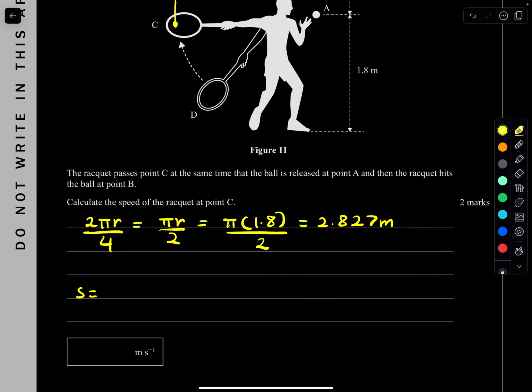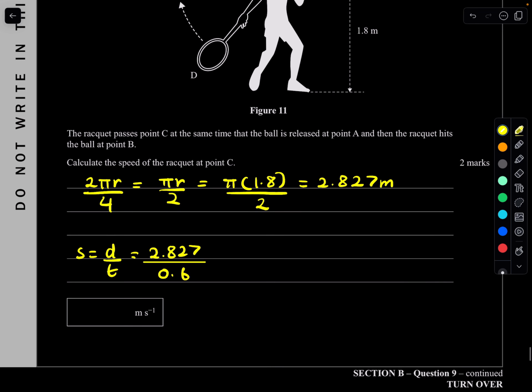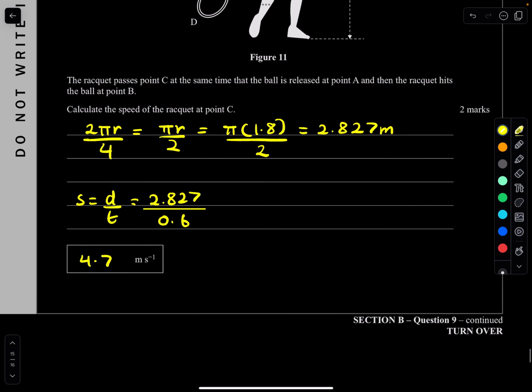Speed is just distance over time. So it's 2.827 divided by that time, which is 0.6. Which is 4.7, basically. That's the actual velocity that they hit it.